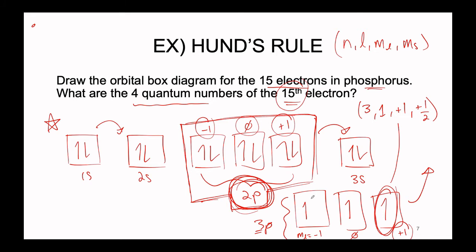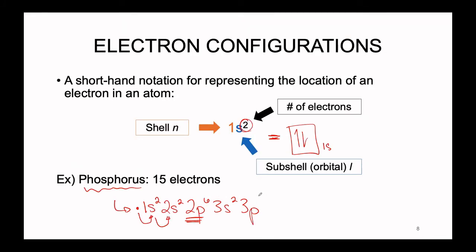And inside of those boxes, we can see a total of 3 electrons. So when we write out our electron configuration, we're only going to write a 3 here, since this 3 represents how many electrons are in the 3p subshell on the whole. All right, and this is our electron configuration for the 15 electrons inside of phosphorus.